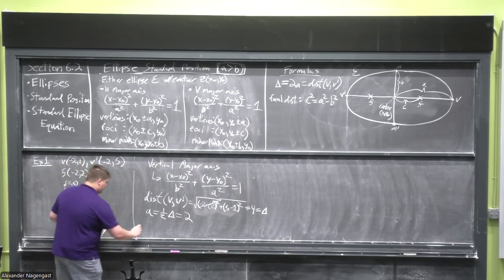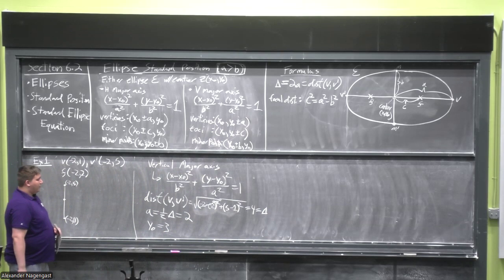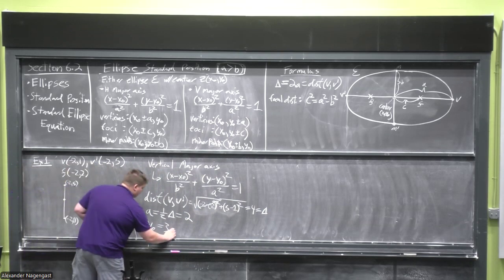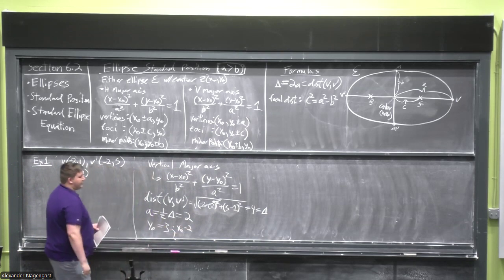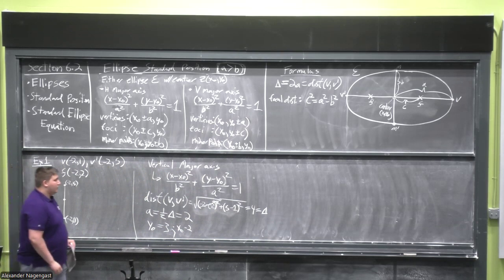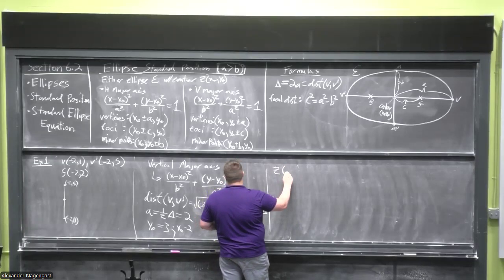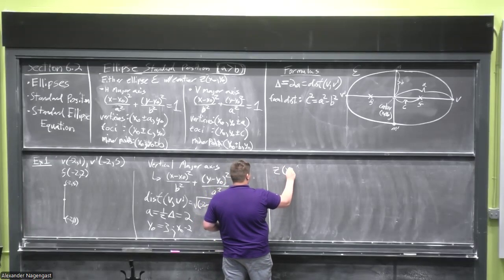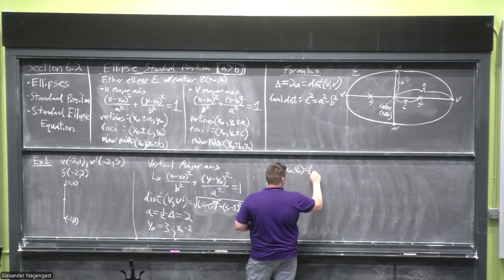So my y0 is equal to 3. My x0 must be -2 because that hasn't changed. I'm on this vertical axis. So that means I can now write down my center, x0, y0, is equal to -2, 3.